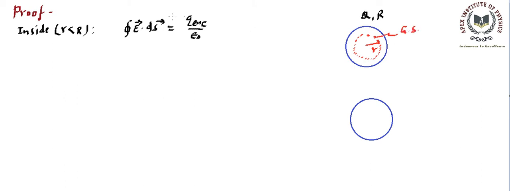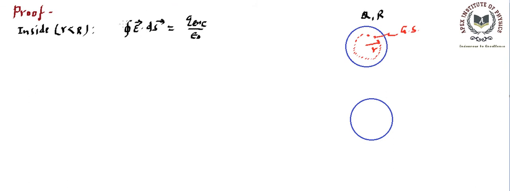On this surface we need to perform this integration. Whatever the field is going to be, it's going to be radial, and at any point ds is going to be in the radial direction. That means E and ds will make either 0 angle or 180 degrees. In either case they will be parallel to each other.